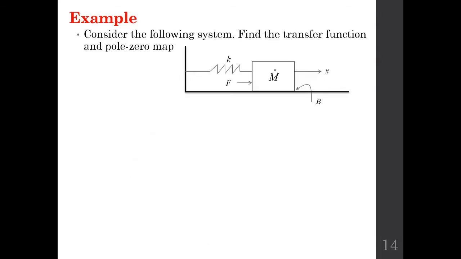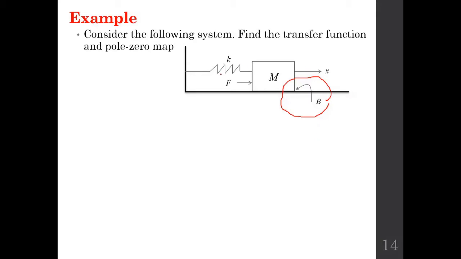Okay, so here is another example. Now this is the same example as we have done previously, but there is one additional thing. Your surface is not frictionless, or the friction is not negligible.